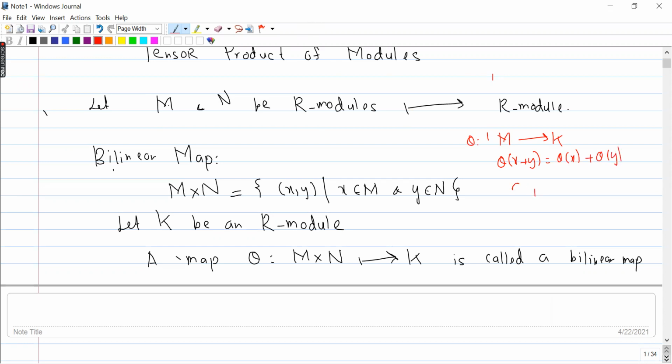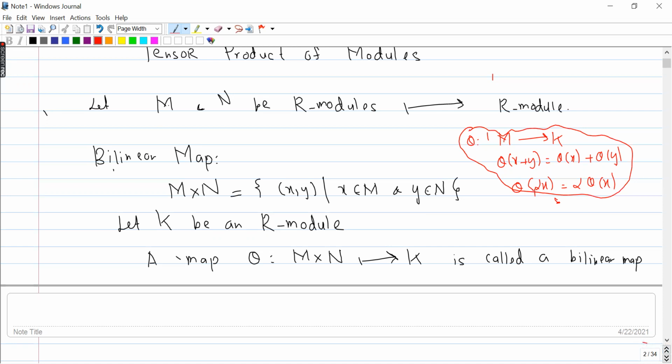And the second condition is that theta of alpha x is alpha times theta of x. This is the definition of a linear map from M to K, that is, a module homomorphism, an R linear map, or just a linear map.